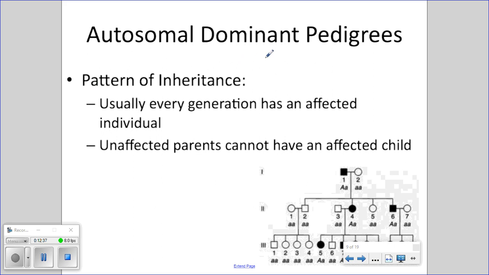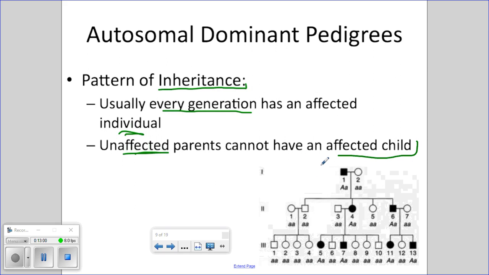Now, in autosomal dominant pedigrees, there is a pattern of inheritance that is usually present. Usually every generation has an affected individual, and unaffected parents cannot have an affected child. So parents who do not have the disease do not have affected children. Their children remain unaffected.